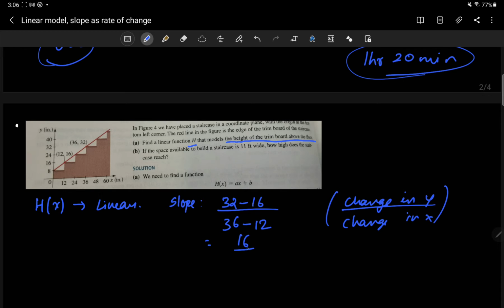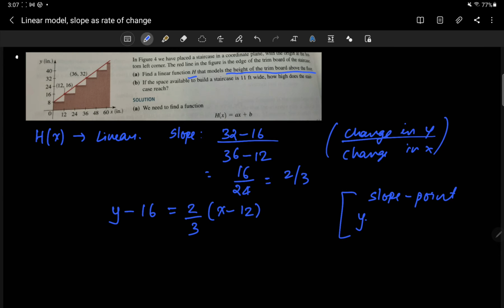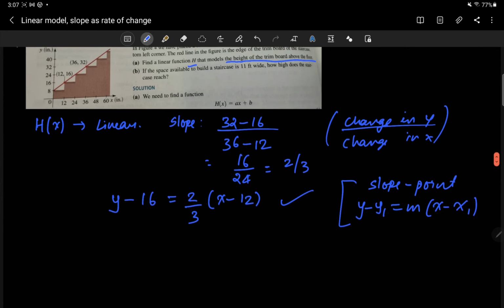This comes out to 16 over 24, which is 2/3. And then finding the equation amounts to picking one of the points. So y minus y1 is m times x minus x1. This is called the point-slope form for a line, which says that if I have a point x1, y1 and a slope m, then the equation of the line is exactly that. So that's one way to get it.